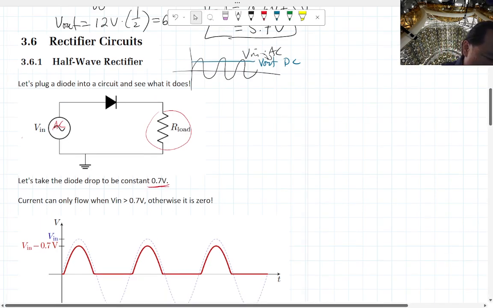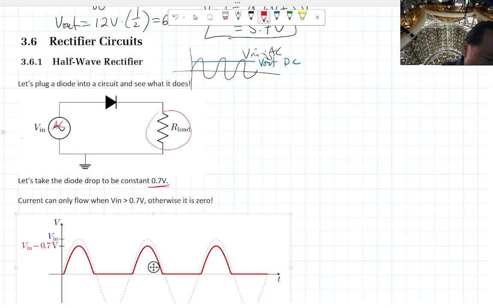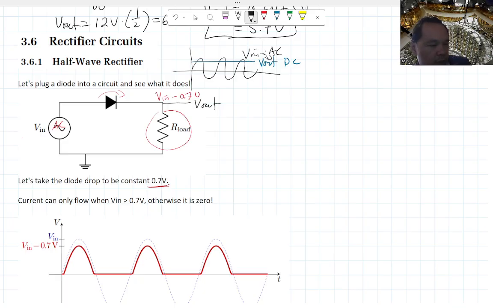So what happens is that when Vin is above 0.7 volts, this diode turns on, and then you just have Vin minus 0.7 volts on this side. Let's say you take this as Vout. In that case, Vout is going to be whatever Vin is, just minus 0.7 volts.